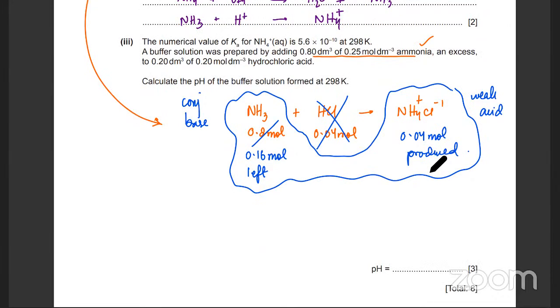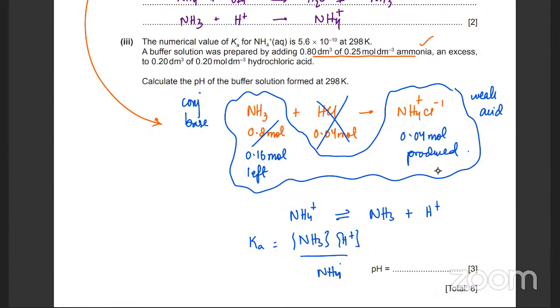So remember, you now have a buffer. You've got an equilibrium that would be established between them. The K expression is NH3 concentration into H plus 1 concentration divided by the NH4 plus 1 concentration. So remember, your solution now has two things. One is NH4 plus 1, and it's also got this NH3 as well.